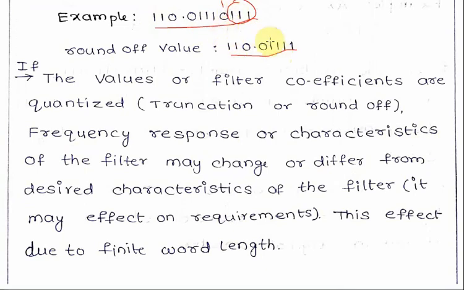Both are not same, approximately same but not exactly same. This may change the characteristics of the filter that will not meet our requirements. This effect is due to finite word length.